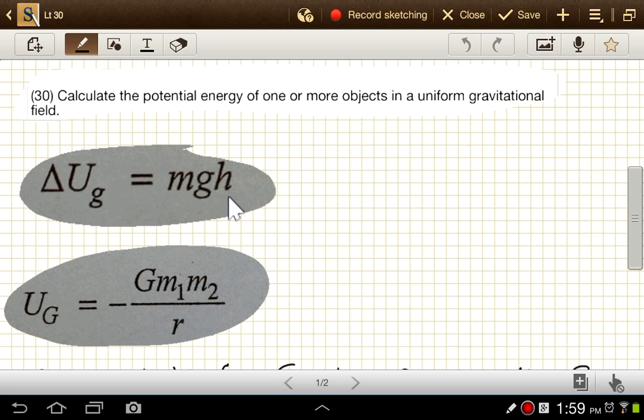Often, though, we just set the height equal to 0 at one of those positions. So maybe we're jumping from the ground upward. We would say the ground has a height of 0, and then our upward position would have a height of not 0, and then whatever the new height would be, that's going to be equal to the change, or when we calculate it, that'll be equal to the change in gravitational potential energy.